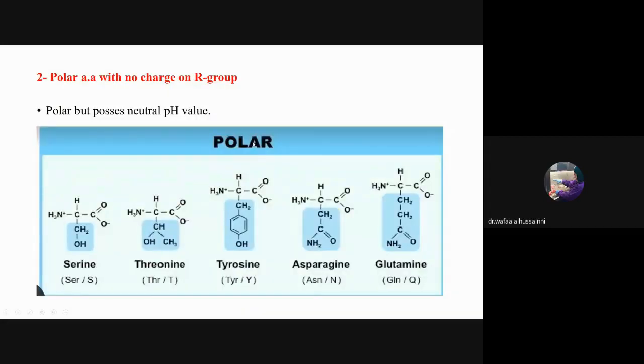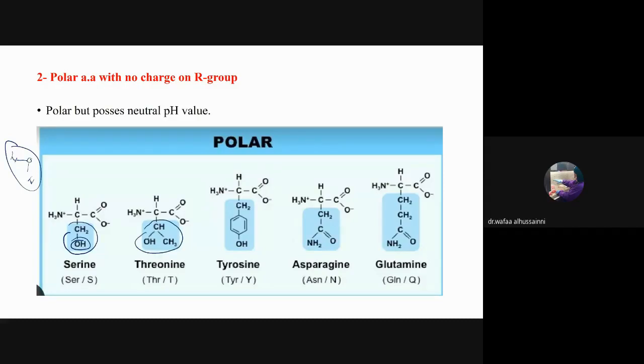The second type of amino acid is polar, but the R group also has no charge. It is polar because the R group may have a polar group within it, for example CH2 then OH. If you remember when we studied the OH, it makes the compound polar, like water. We said the water molecule is polar because of the hydrogen and oxygen together.